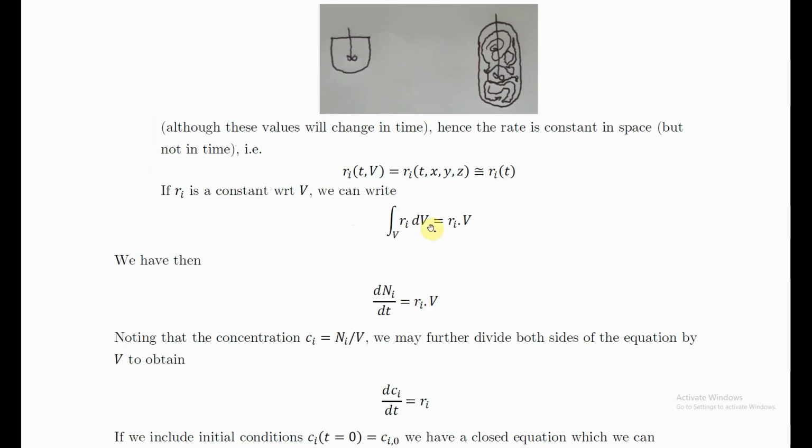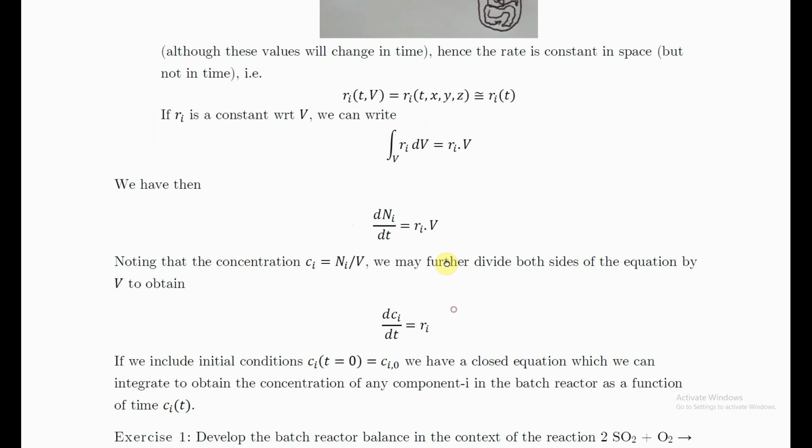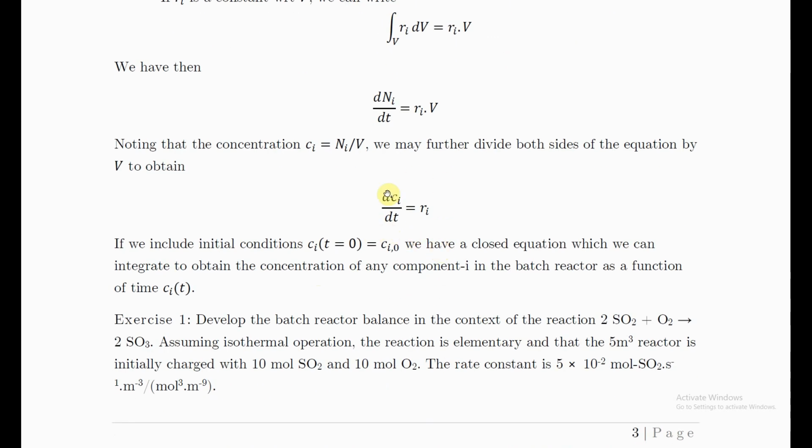So V is a constant, and so we can just divide through by V on both sides, even inside of this, and so from the definition of concentration, this becomes dCi/dt, and here we are just left with Ri. Right, so that's the balance. That's our batch reactor balance, and this is then a simple first order ODE.